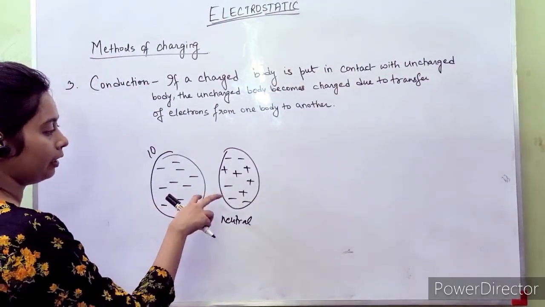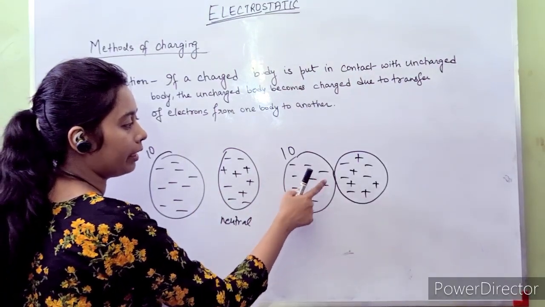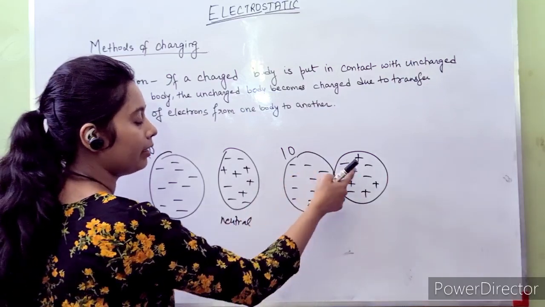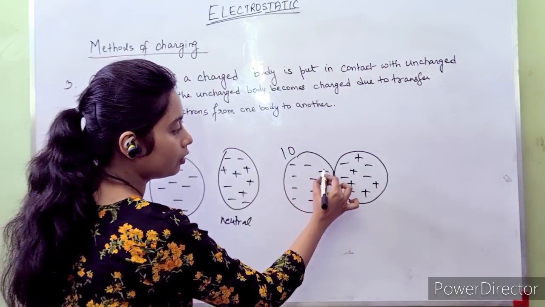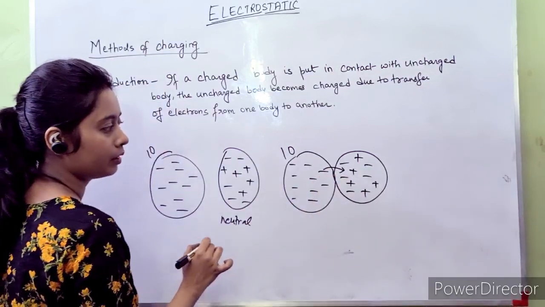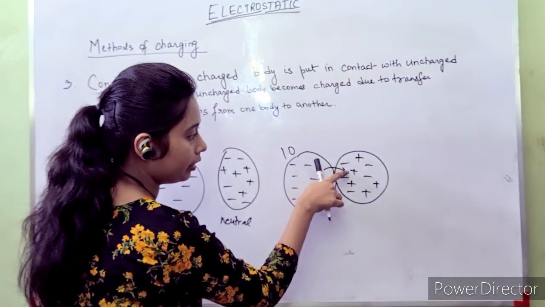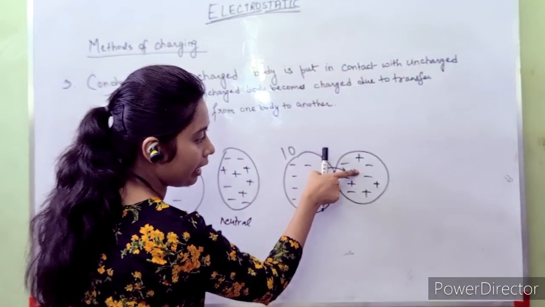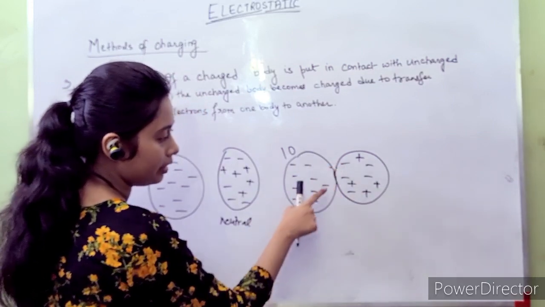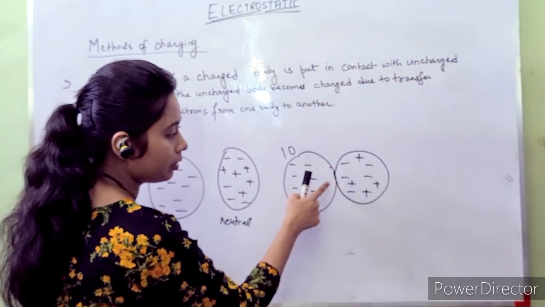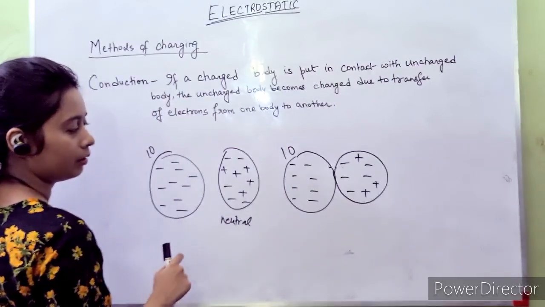Now what will happen if I keep these two bodies in contact? The electrons will get space, will expand themselves, and some of the electrons will move to this atom. When this electron comes to this body, it will neutralize this positive charge.